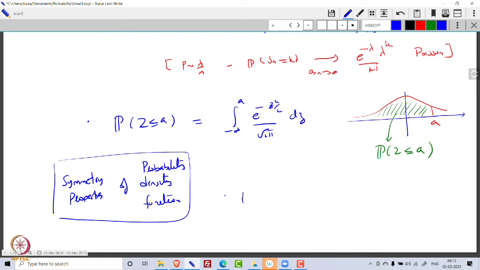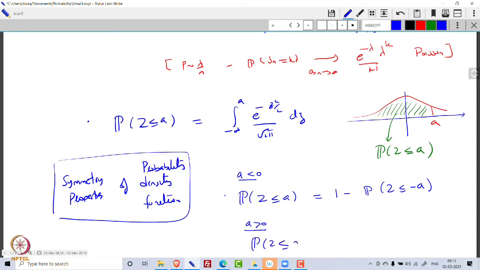One thing we showed was that if A is negative, the chance that Z is less than or equal to A is the same as 1 minus the chance that Z is less than or equal to minus A. And we also showed that if A is positive, then probability Z less than or equal to A is equal to half plus the integral from 0 to A of e to the minus z squared by 2 over root 2 pi.